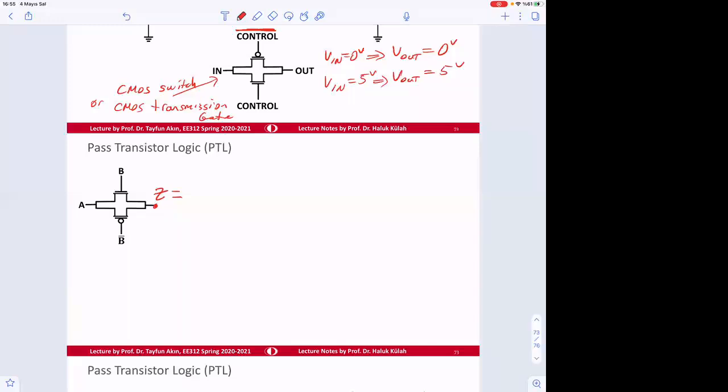So if A is 0 and B is 1, output is going to be 0. So A dot B. If A is 1, B is 1, output is going to be 1. So this is the idea about pass transistor logic. But there is a problem here. If B is low, output is floating.